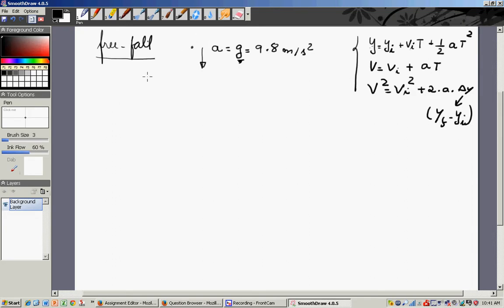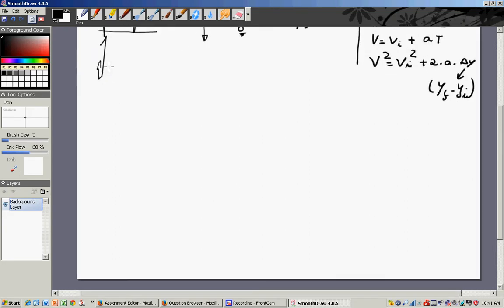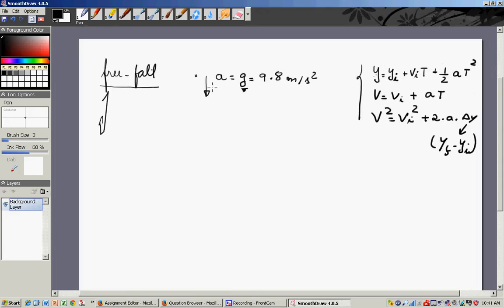Now, in this case, and only in this case of free fall, the acceleration points down. Your object always has a constant force applied on it that pulls it down.